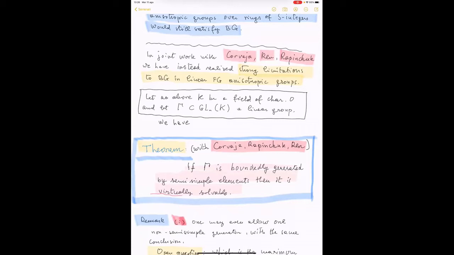So indeed, the purely exponential polynomials lead us to quite different conclusions. So let me explain the results. In precision, let K be a field of characteristic 0, and let gamma in GL_N(K) be a linear group.